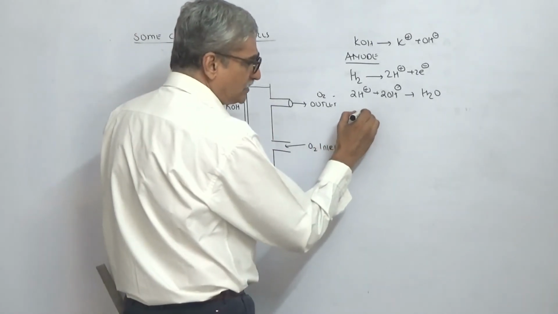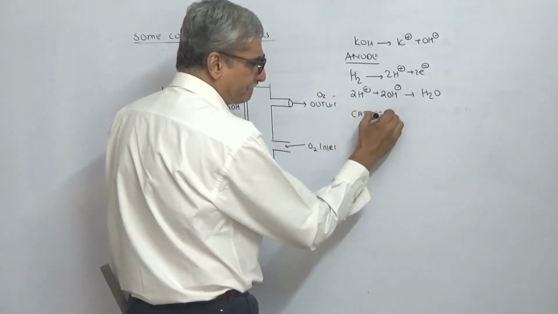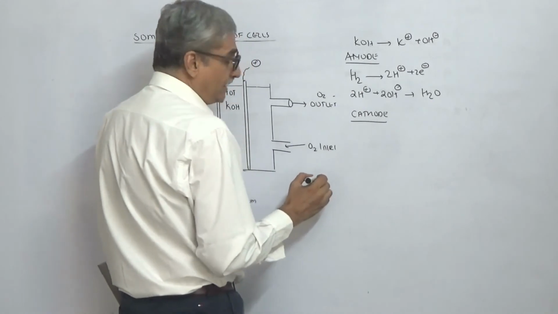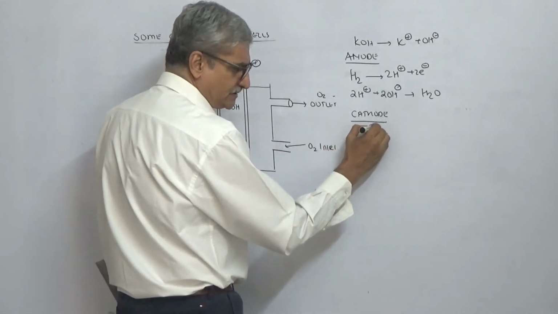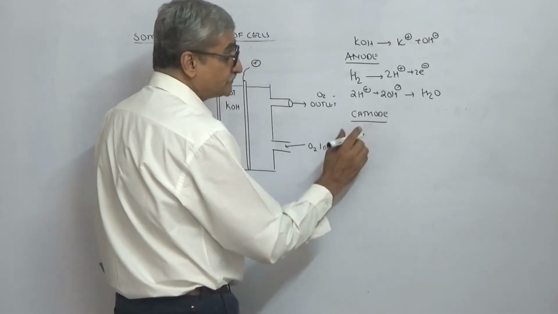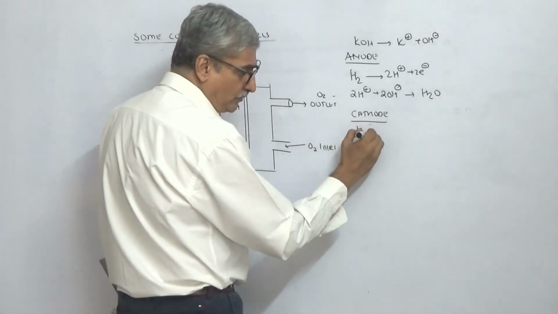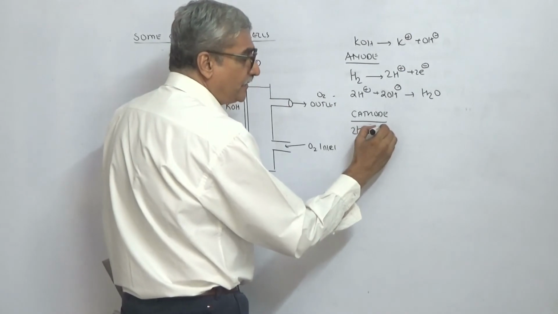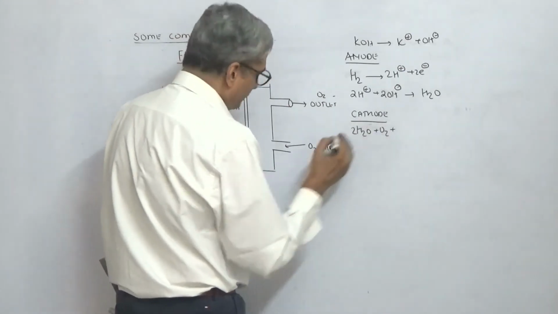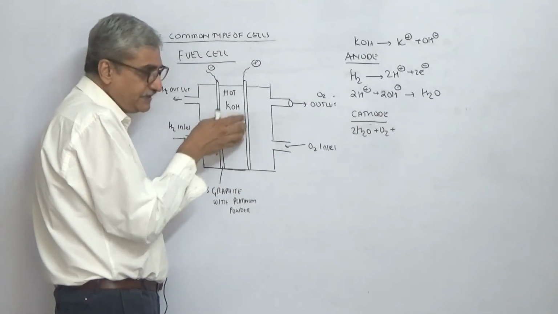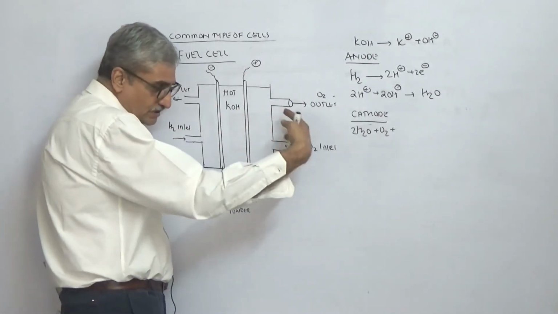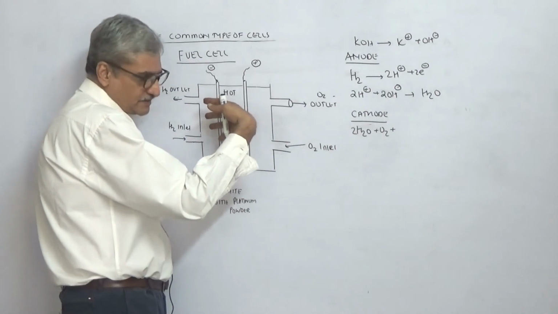Then at the cathode, what is going to happen? You have H2O plus O2 plus 2 electrons. The H2O formed is going to permeate to this side. Oxygen is going to come from this side because this is porous.